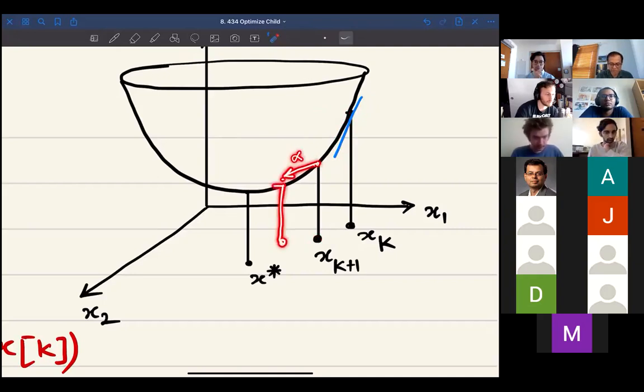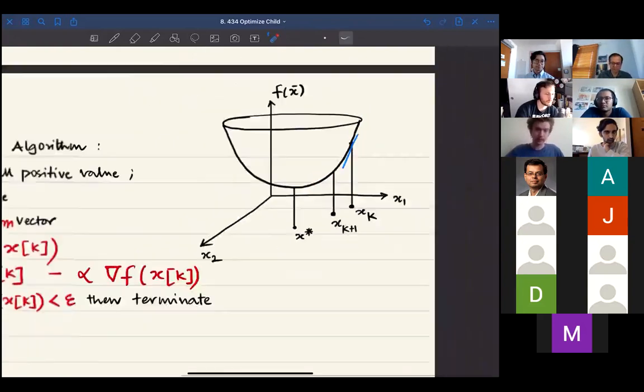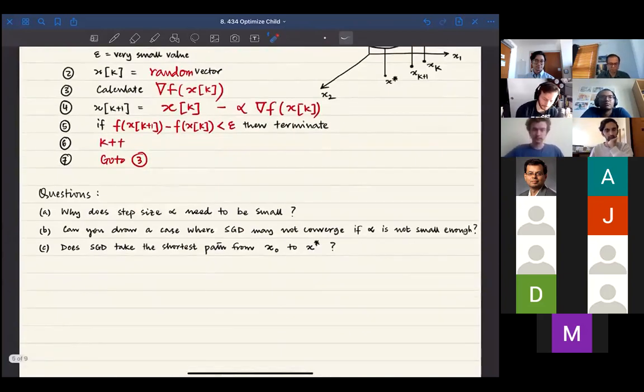Again, I compute the gradient, I go alpha, this is my new point. Okay. Will you always get to the minima? Here are the questions that we want to talk about. Why does step size alpha need to be small?